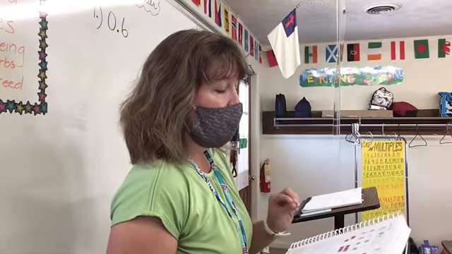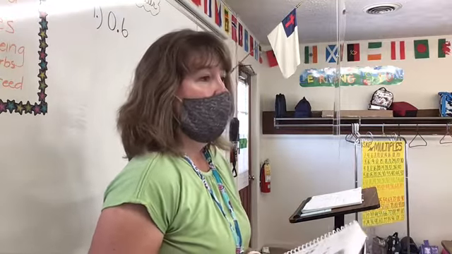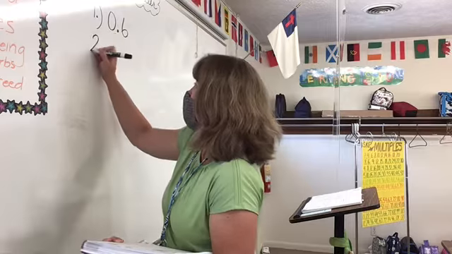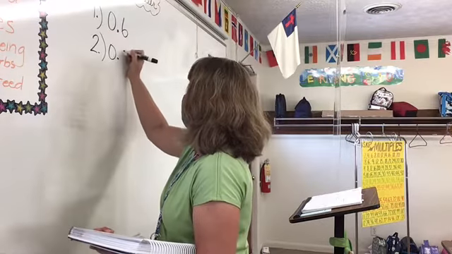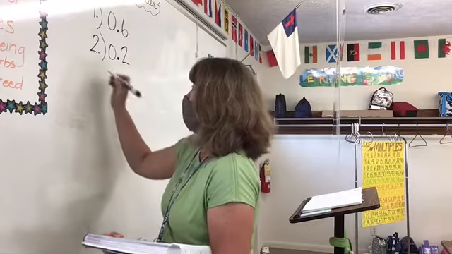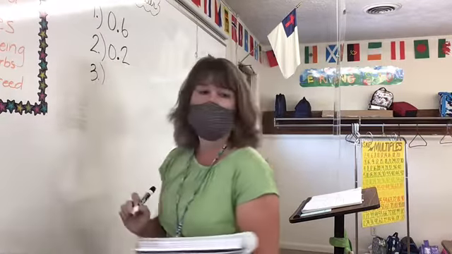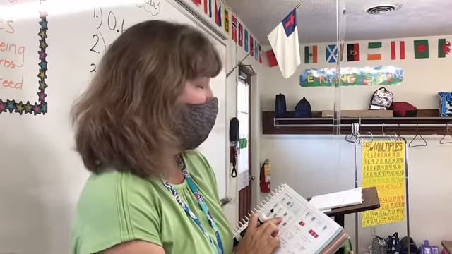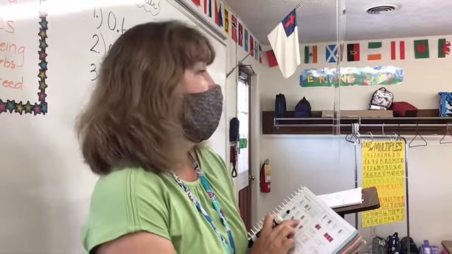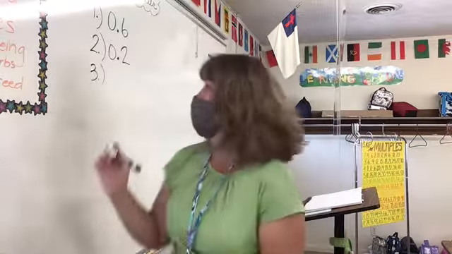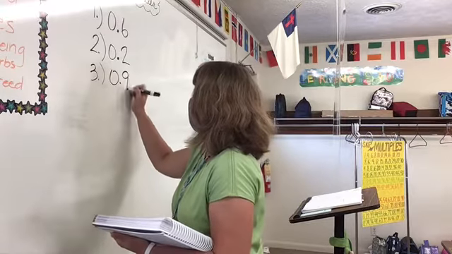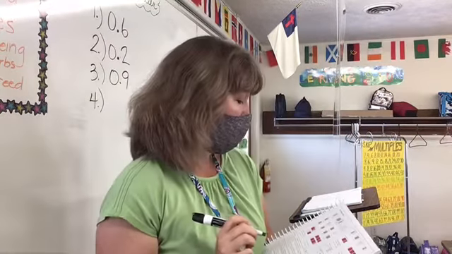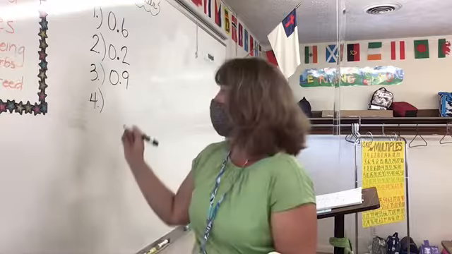All right, number 2. How many tenths are there? Jensen? 2. 2 tenths. Everybody say that. 2 tenths. Make sure you emphasize the TH. Tenths. Number 3. Jana. 9 what? 9 tenths. Number 4. Logan? 1/10.